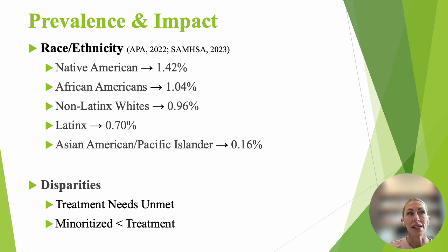This means that nearly half of those in need did not receive any formal treatment at all. This gap is even wider for minoritized communities where treatment needs often go unmet due to systemic barriers, stigma, and lack of culturally competent care. Despite facing significant risks, these groups are often the least likely to receive life-saving interventions.